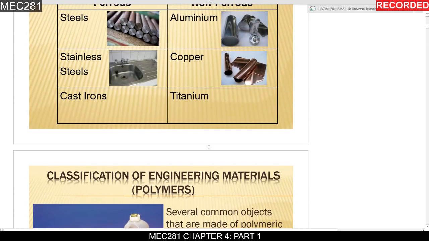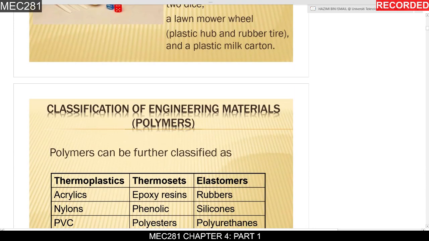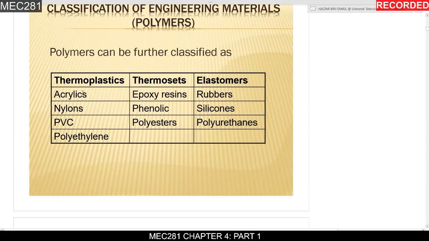For the metals here, we classify into two classifications, which are ferrous and non-ferrous. And for the polymers, we classify into three types. The first one is thermoplastics, the second is thermoset, and the third is elastomers.